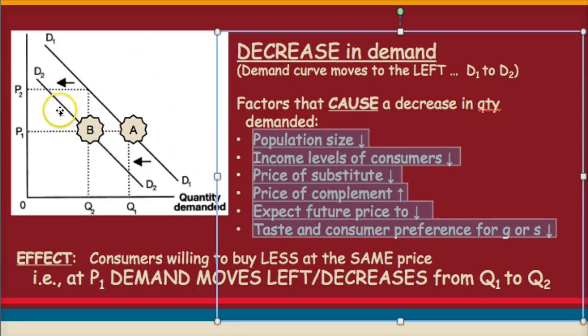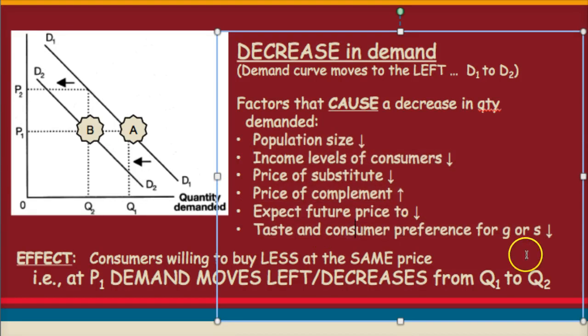It's decreased, moved to the left. They expect future prices to decrease, so they're going to wait. So demand in the short term has moved inward, has decreased. Or perhaps the product is just no longer fashionable or in favor, and so demand has decreased for this product.